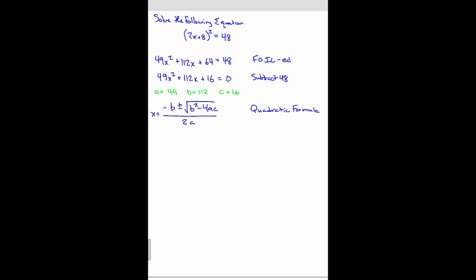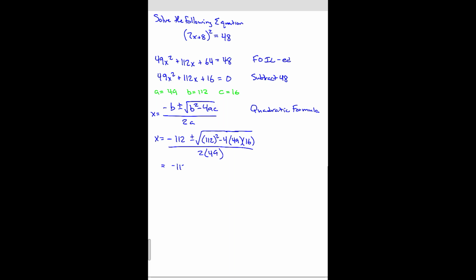All right, so when we plug into the formula, we have x equals negative 112 plus or minus the square root of 112 squared minus 4 times 49 times 16, all over 2 times 49. So you see how these numbers are going to get pretty large. So let's keep on working.